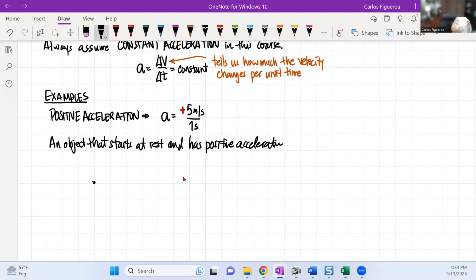Well, what this tells me here is that at 0 seconds, I know that my speed is 0. So if I start at 0, what does this tell me? Well, I want to look at what happens at 1 second of time. According to this quantity right here, this tells us by how much it changes.